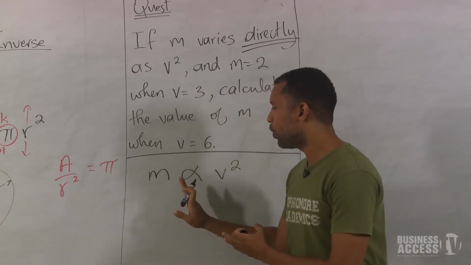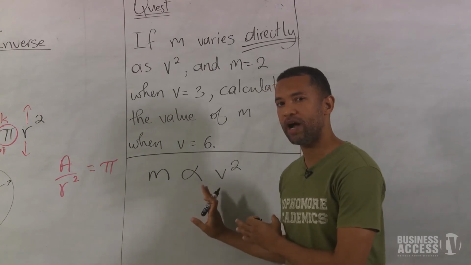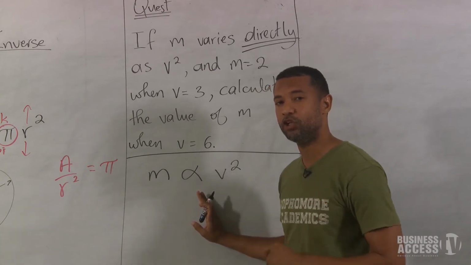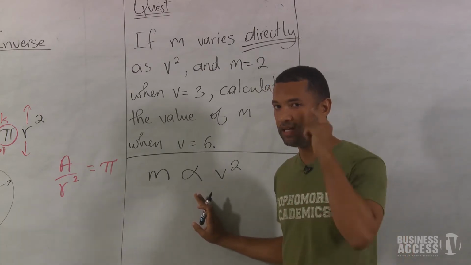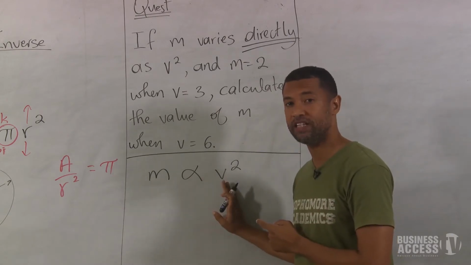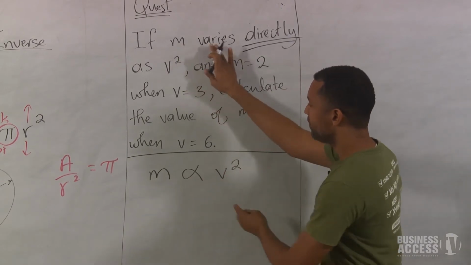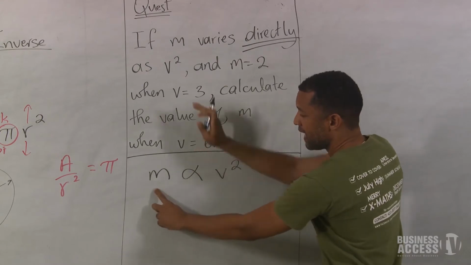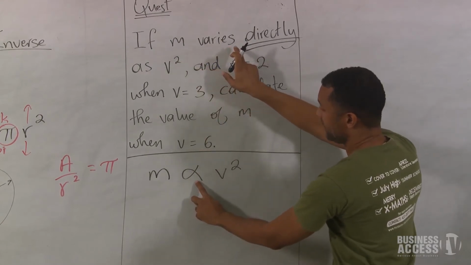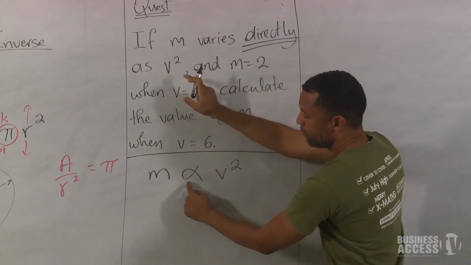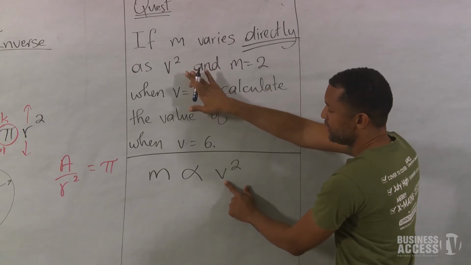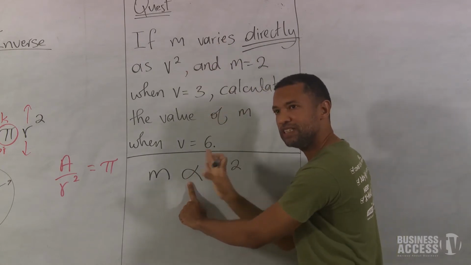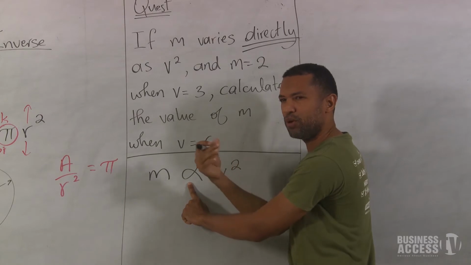You are going to see the difference in how I write this when we are looking at the question that has to do with inverse variation. Ladies and gents, I want you to just soak this in. M is literally read as M varies directly as v squared. So this really just means varies or is proportional.